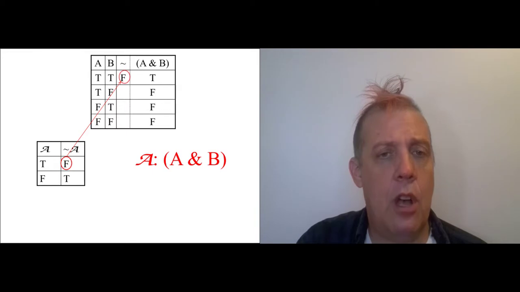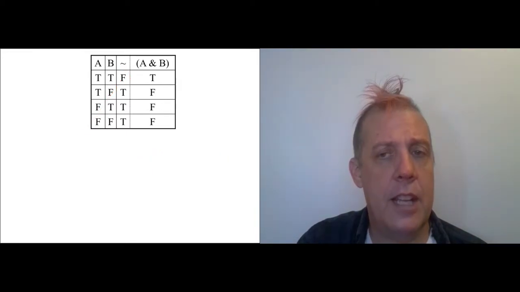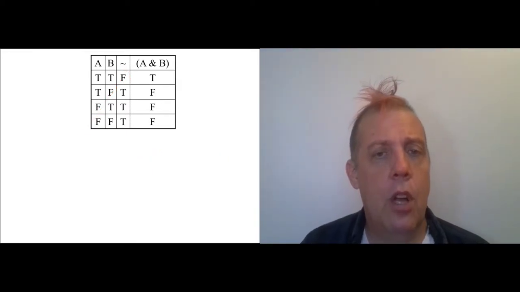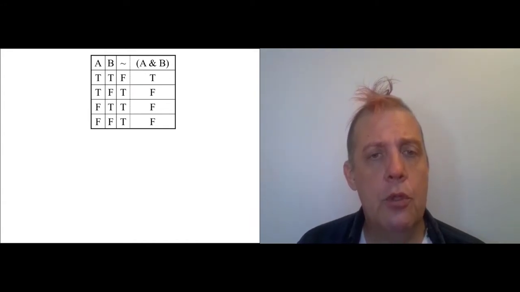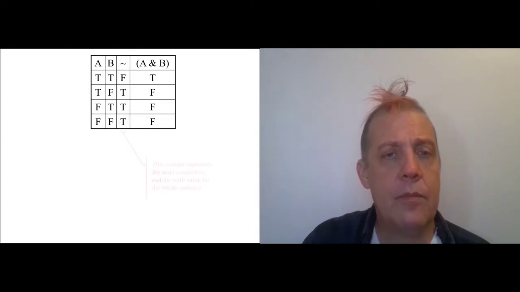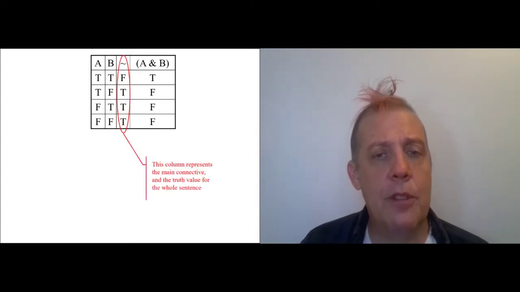And that goes on for the rest of that table. So under the negation, you see false, true, true, true. This column represents the main connective, and therefore those are the possible truth values for the whole sentence.